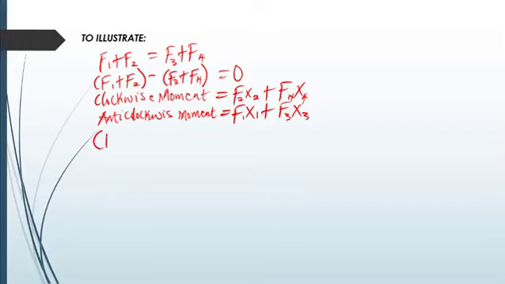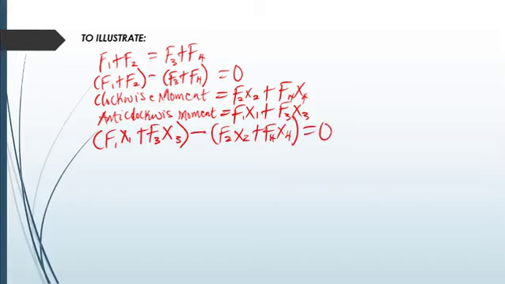And then we also have F1 x1 plus F3 x3, we close the bracket, minus F2 x2 plus F4 x4.